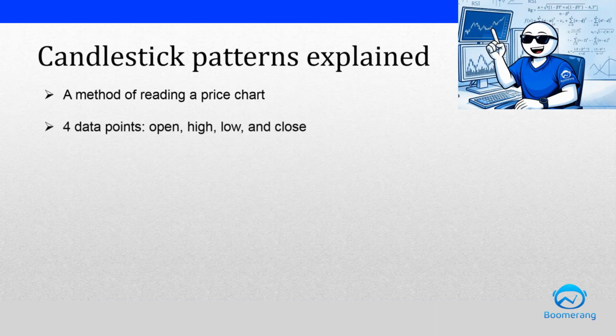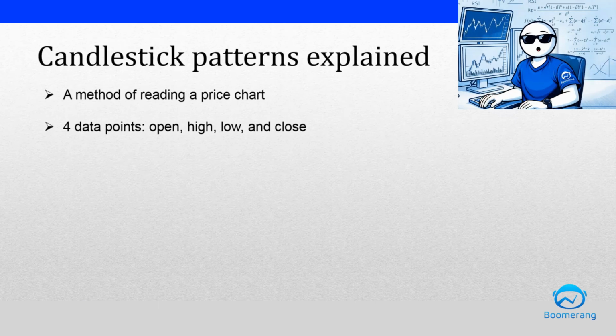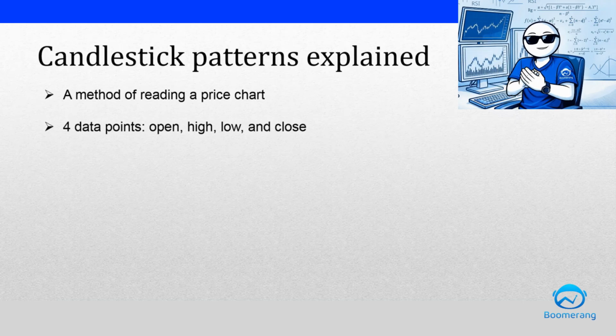So how do you actually read a candlestick pattern? One thing to understand is that there are 4 data points for every candlestick. You have the opening price, the closing price, and the high and low of the session. So if your candlestick is on the 1 hour time frame, then the high is the highest price point over the last 1 hour, and the low is the lowest price point over the past 1 hour.